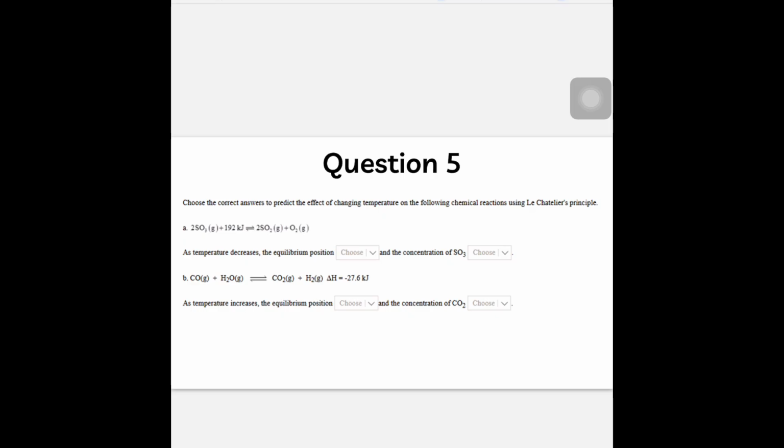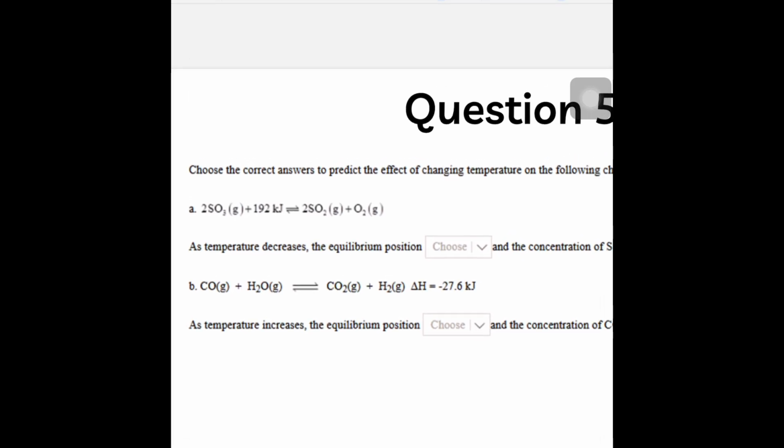And the concentration of SO2Cl2 is going to increase because it's shifting this way. Now here I have to choose the correct answer to predict the effect of changing temperature on the following chemical reaction using Le Chatelier's principle. So as temperature decreases, when I have this reaction over here, I need to look at where the energy is. You need to think of it as the 192 kilojoules, the energy that I have on this side. So if the temperature decreases, the system wants to increase it again, so it's going to go towards it.